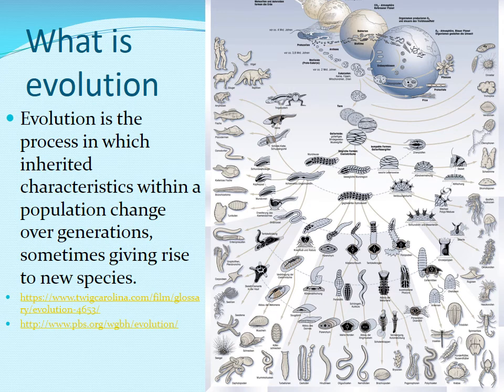By definition, evolution is a process in which inherited characteristics within a population change over generations, sometimes giving rise to new species. Okay, so it's how inherited characteristics change over time.